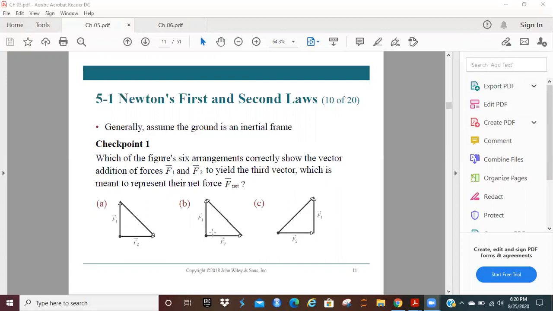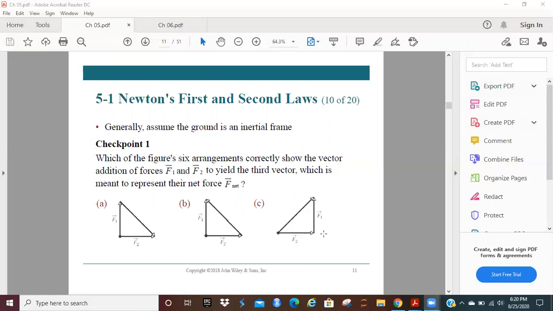In this particular case, A is not a correct arrangement because we've got one force going here, one force going there, and a resultant going from tip to tip. That's not correct. Neither is B, because again, we've got the resultant going from tip to tip. So that's not going to work.